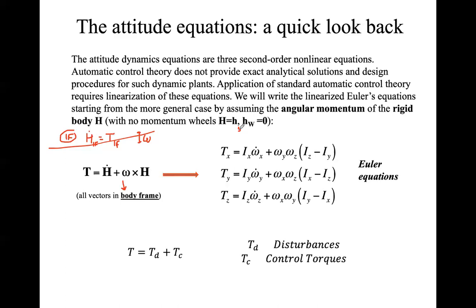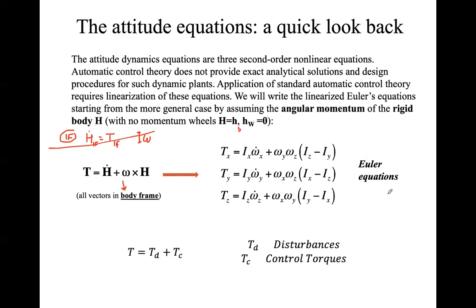Here we are considering only our bus, so the box of the spacecraft that is orbiting the Earth in a circular orbit. What we want to do is to make this dynamical equation explicit in this form.